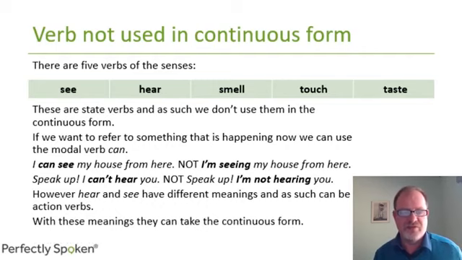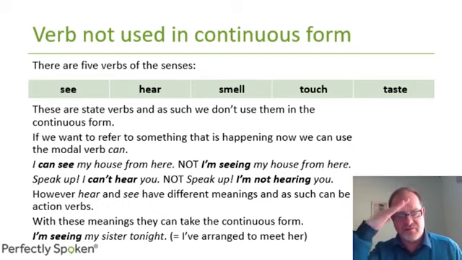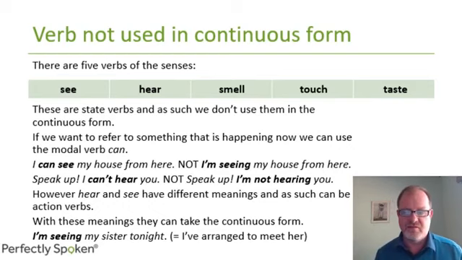You've arranged to meet somebody or to visit somebody like the dentist or something. So, for example, I'm seeing my sister tonight. I've arranged to meet her. So this is a different meaning of see in terms of the verb of the sense. Okay, it means you are meeting her. So in this case, it is possible to be continuous.